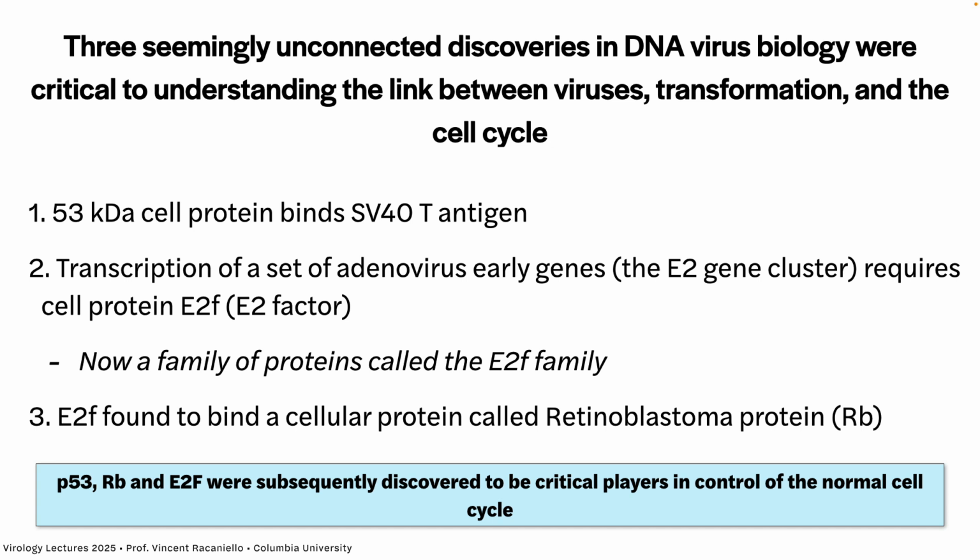Secondly, transcription of adenovirus E2 genes requires a cell protein called E2F. We talked about this before. I'll show you it again to remind you. And three, E2F, the cell protein, binds RB, retinoblastoma protein. That's another cell control protein. And P53, RB and E2F were subsequently shown to be critical players in control of the cell cycle, which I will show you.